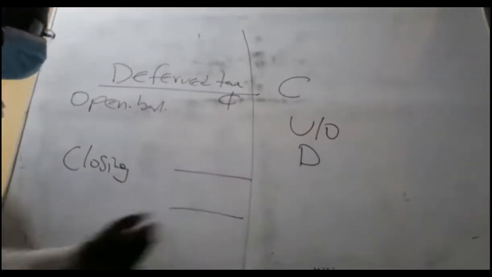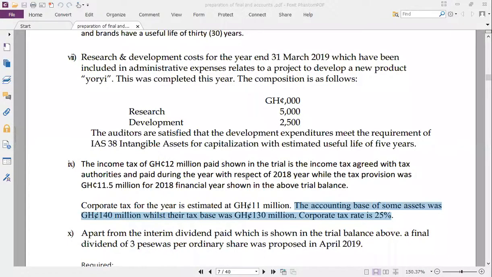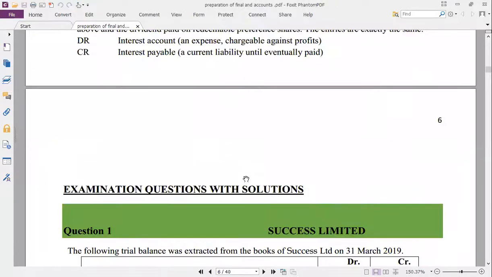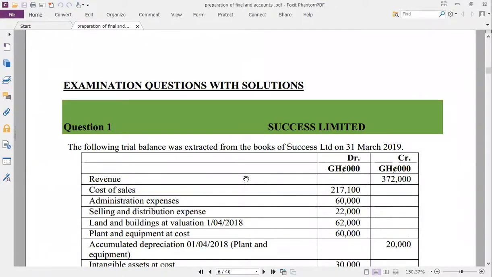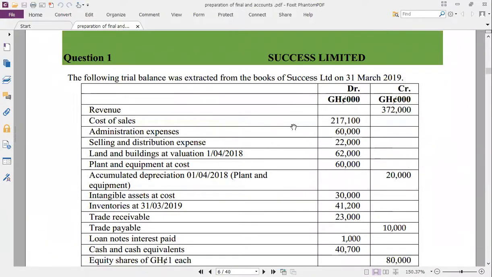So I'll go to the question. We said that the opening balance is always in the trial balance. If it's not there, they've not given it to you. So let's go to Success. If you see deferred tax or provision for deferred tax in the trial balance, let's check together. Let me use a search box. Deferred tax.